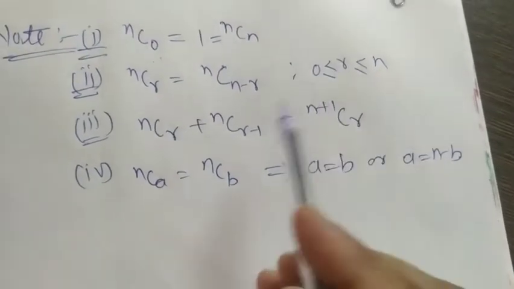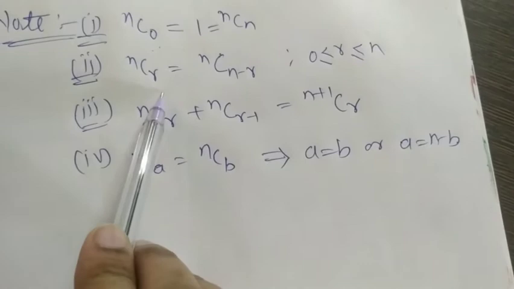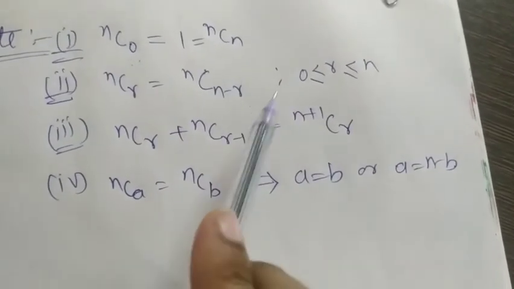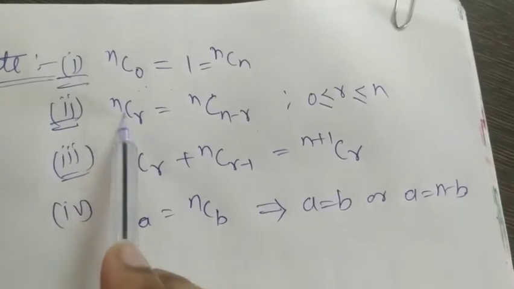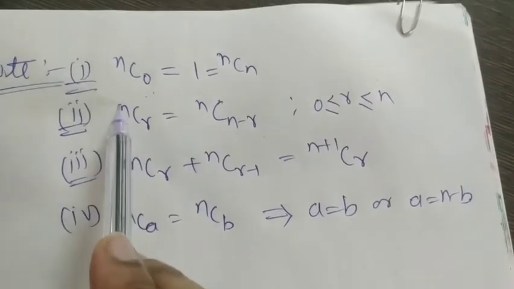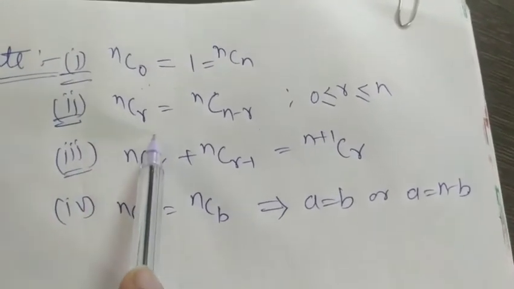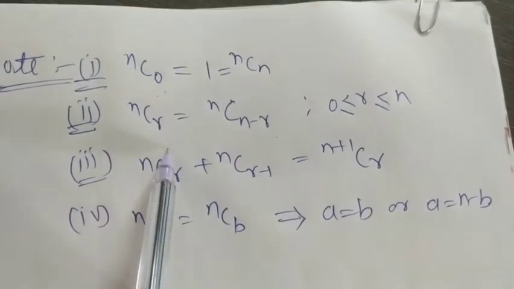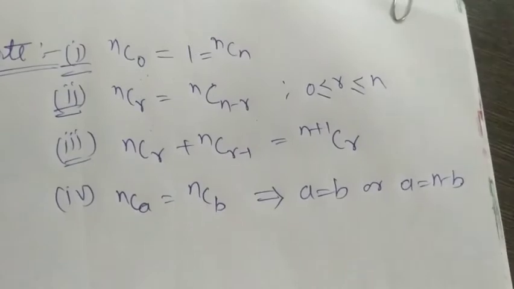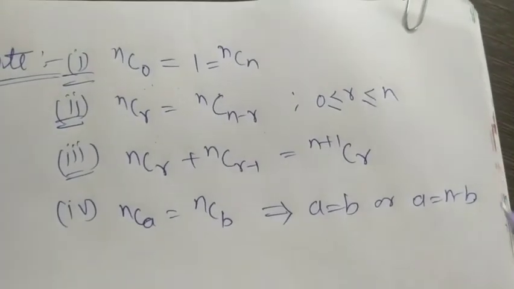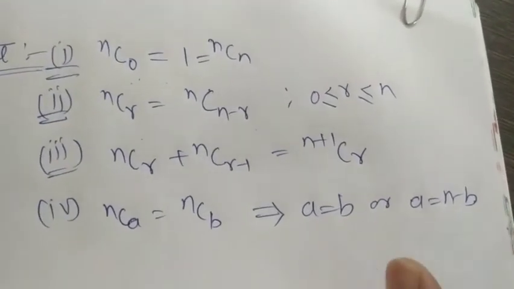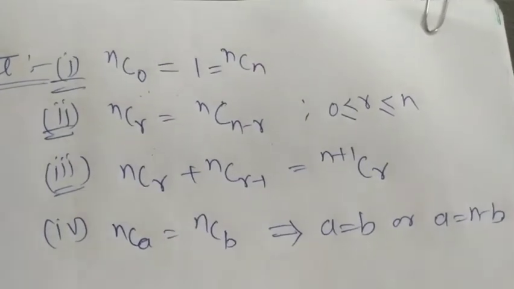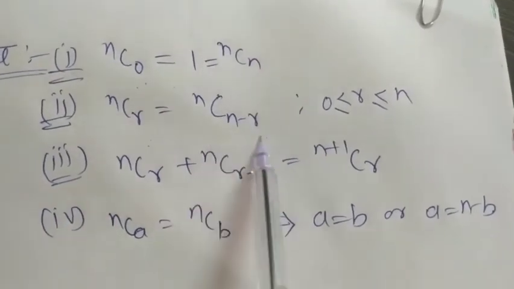And moreover, nCr will be equal to nC(n minus r), because I can say that from the total n objects, when I am making a team of r objects, it means on the other hand the n minus r objects are left, so on the other hand I am making a group of n minus r objects.